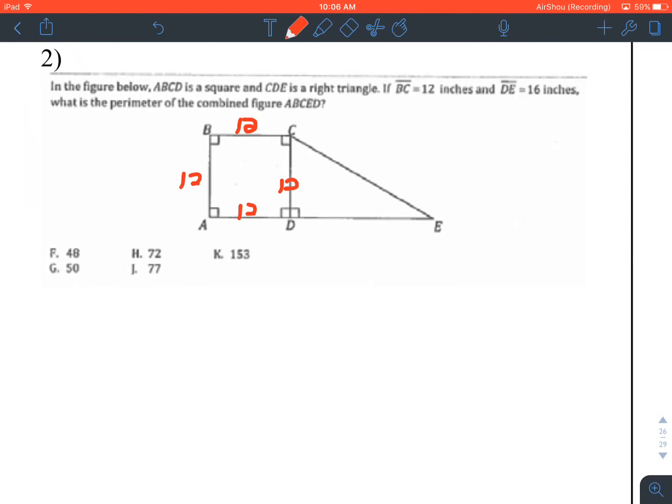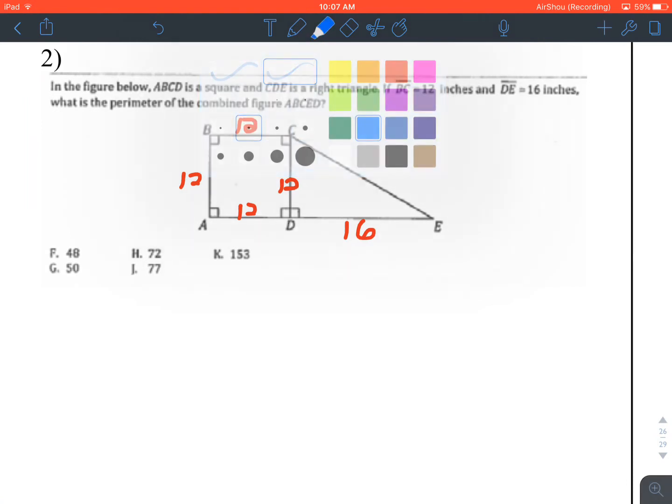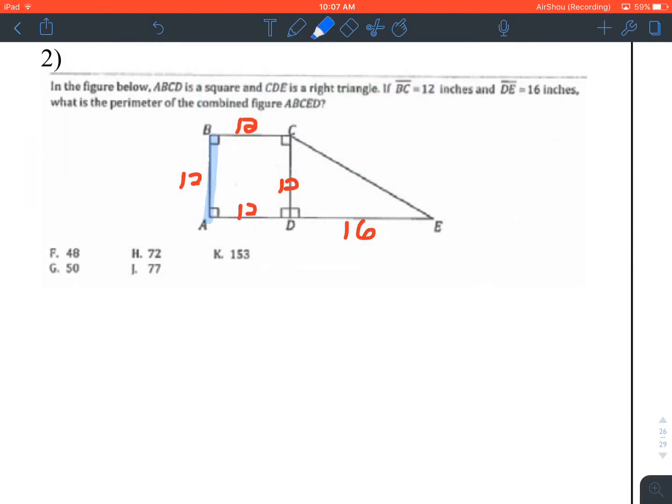DE is 16. What is the perimeter of the combined figure? Let me trace over this. What's the perimeter of the combined figure A, B, C, E, D, and you go back to the beginning, A.